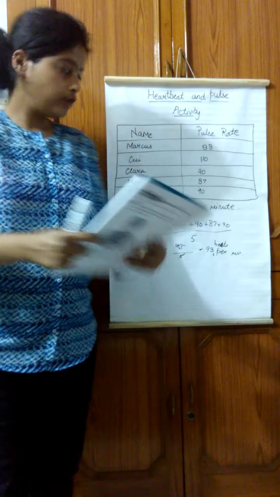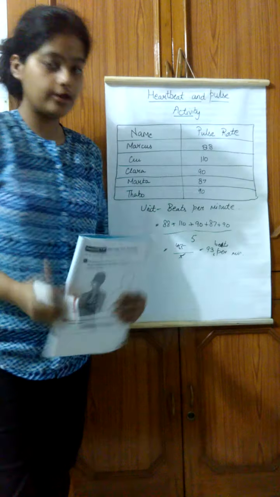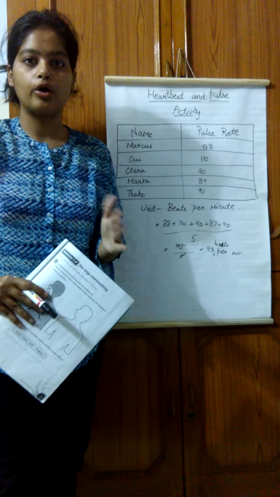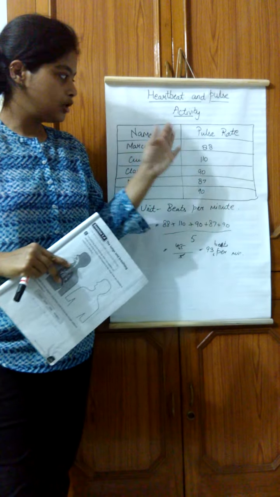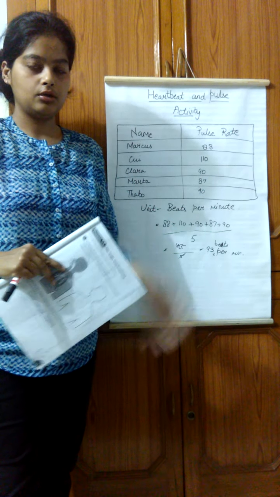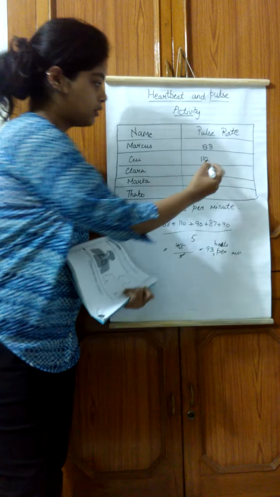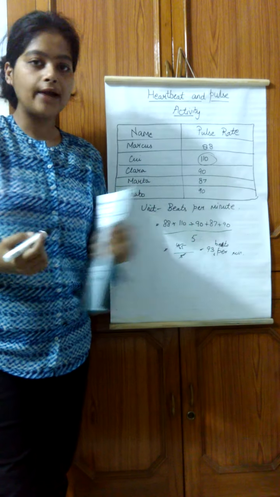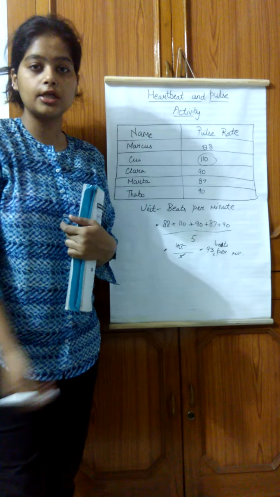Our next question is, which is the odd one out? Which pulse rate is the odd one out in this particular activity? Look at it, observe it. It is Qui's, this one. Why is it the odd one out? Because it is even crossing the average pulse rate in the group.